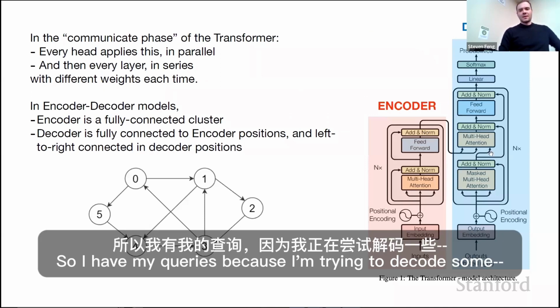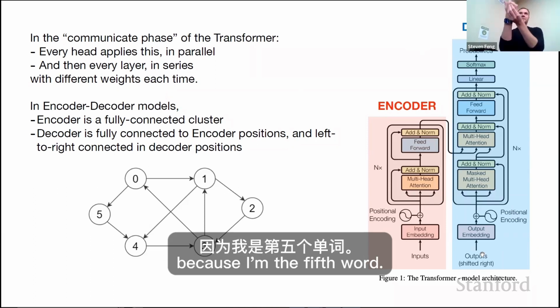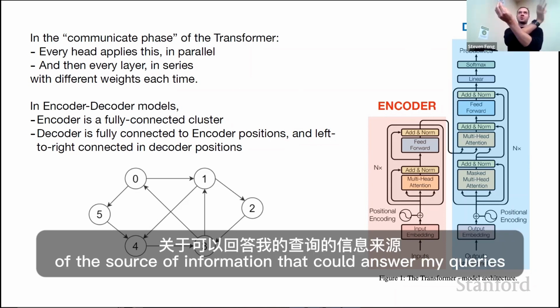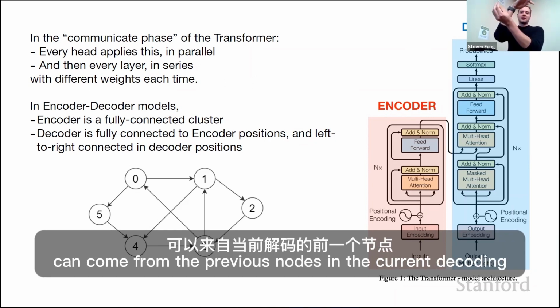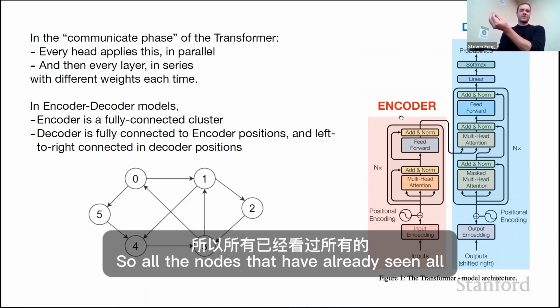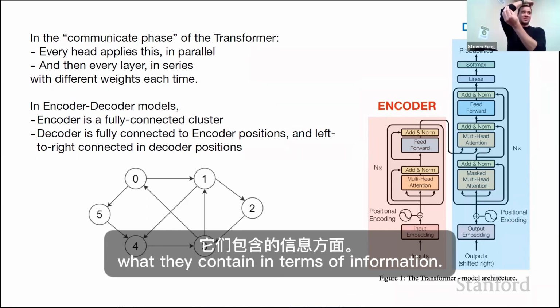So I have my queries because I'm trying to decode the fifth word in the sequence, and I'm looking for certain things because I'm the fifth word. And then the keys and the values, in terms of the source of information that could answer my queries, can come from the previous nodes in the current decoding sequence or from the top of the encoder. So all the nodes that have already seen all of the encoding tokens many, many times can now broadcast what they contain in terms of information.